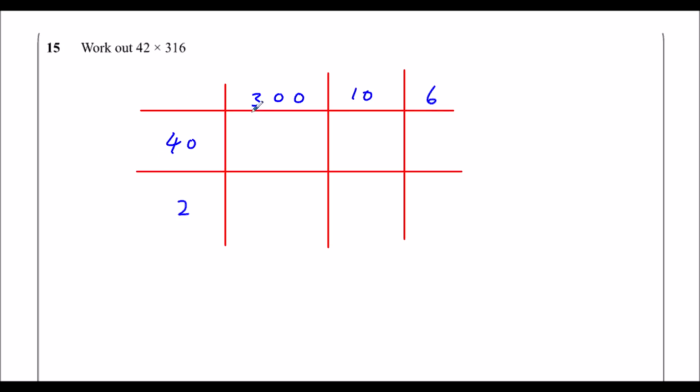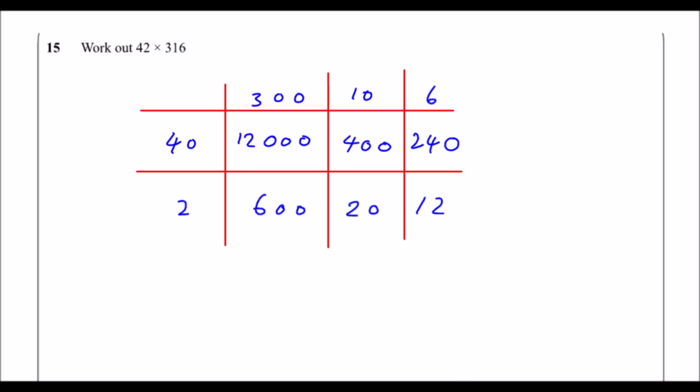So 4 times 3 is 12. Add on 3 zeros. 2 3s are 6. Got 2 zeros. 4 1s are 4 and 2 zeros. 2 1s are 2 with 1 0. And 4 6s, that's 24 plus 1 0. 6 2s are 12.